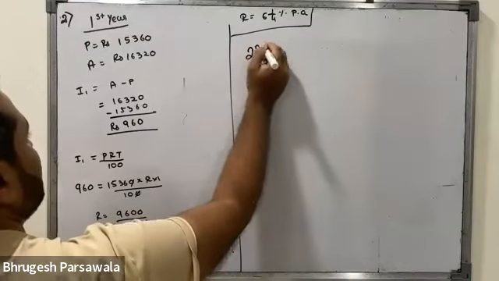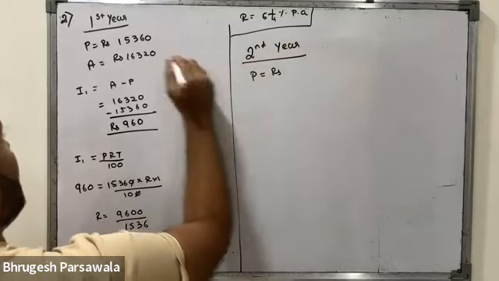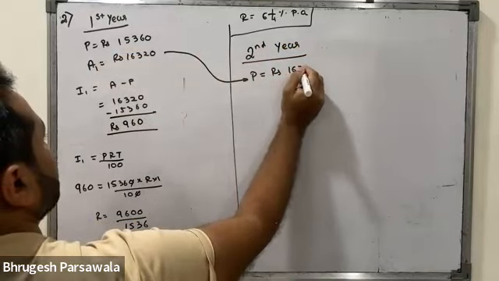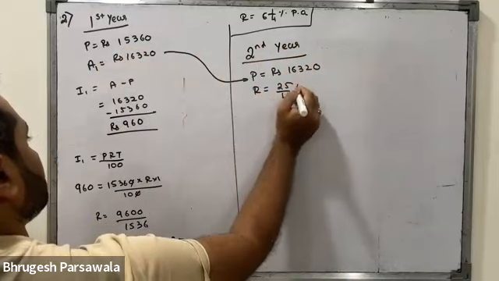Okay, very easy. Second year. What is my principal? The amount for the first year is the principal for the second year. Rate is 25 by 4%.